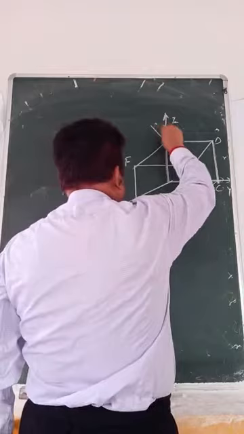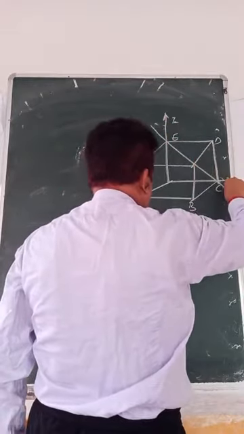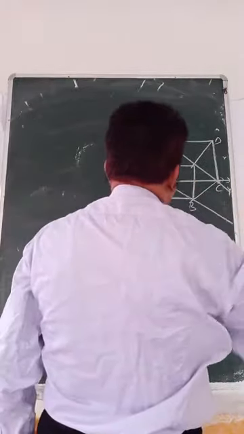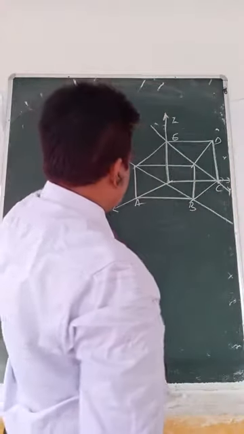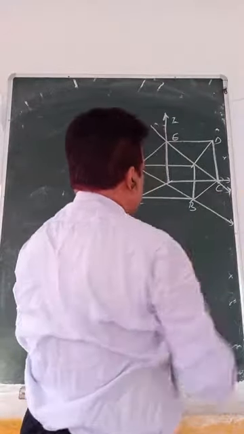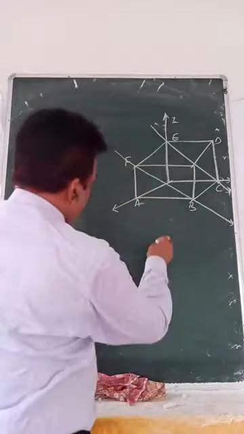Now one line I told you is passing like this. Another line you see here is passing like this. Look at, here is wider, here is narrower, but they are not intersecting. So this line will be like this.